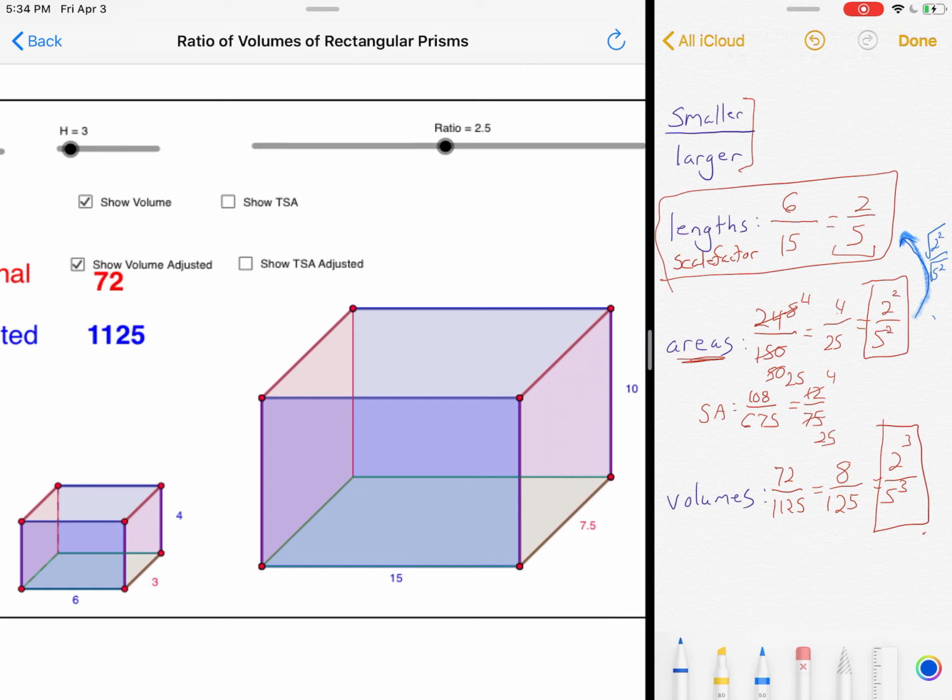And similarly, if we want to get to the ratio of the lengths from the volumes, you can take the cube root of the top over the cube root of the bottom, and that will get you back to the scale factor, which is also the ratio of the lengths.